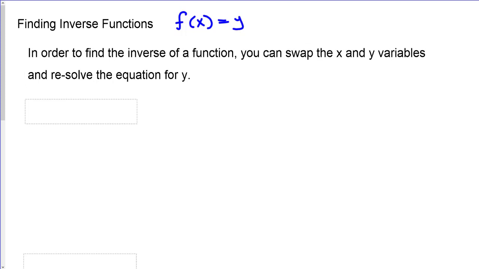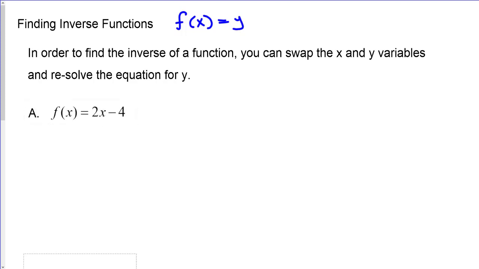Now, in order to find the inverse of a function, you can swap the x and y variables and resolve the equation for y. So as I mentioned, an inverse essentially just swaps the domain and range of the function. The domain are the values along the x-axis, the range are the values along the y. So we're just swapping those values, which is why the rule here states this is how we solve for an inverse.